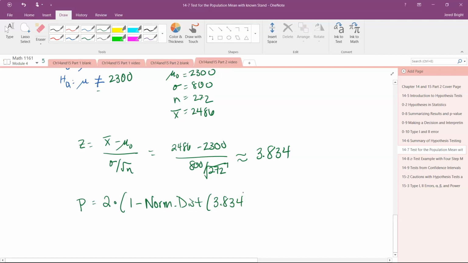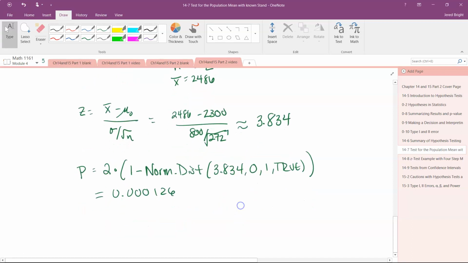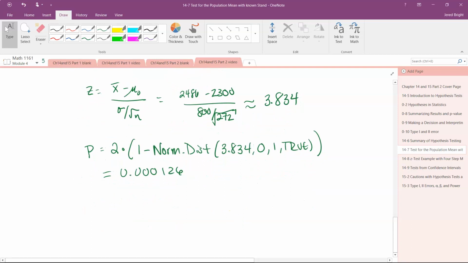I would take the absolute value of it, but it's already positive, so it doesn't matter. And then 0, 1, and true. Put that into Excel and get out a number. And when I did this in Excel, I got 0.000126-ish.